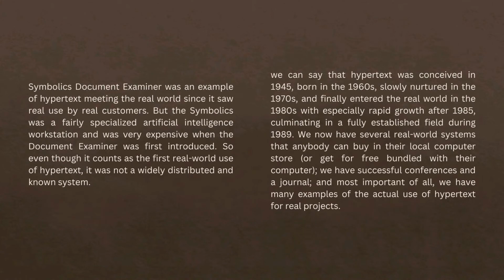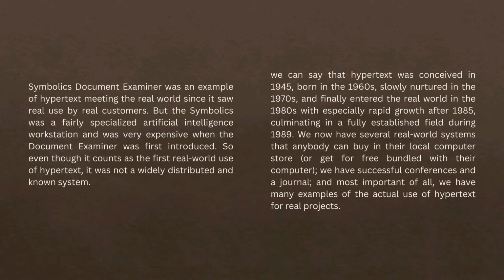Symbolics' Document Examiner was an example of hypertext meeting the real world since it saw real use by real customers. But the Symbolics was a fairly specialized artificial intelligence workstation and was very expensive when the Document Examiner was first introduced. So even though it counts as the first real-world use of hypertext, it was not a widely distributed and known system.